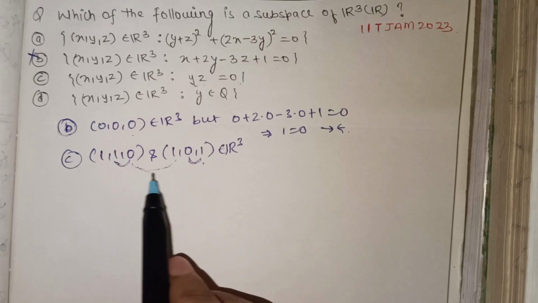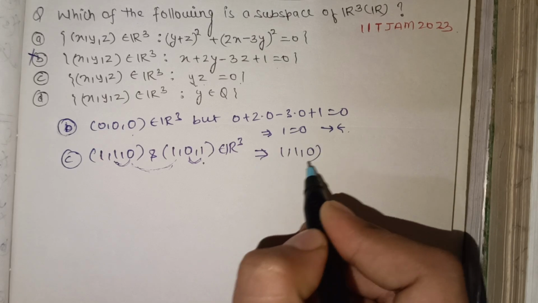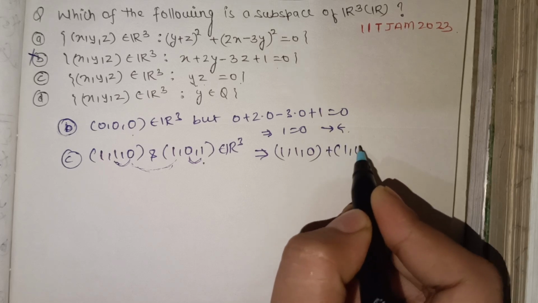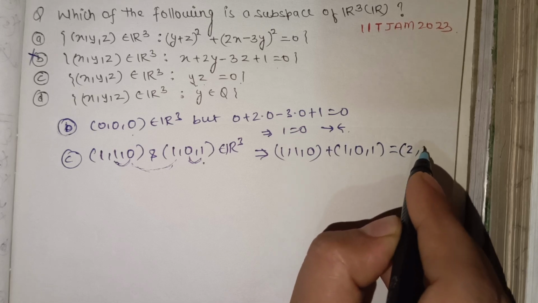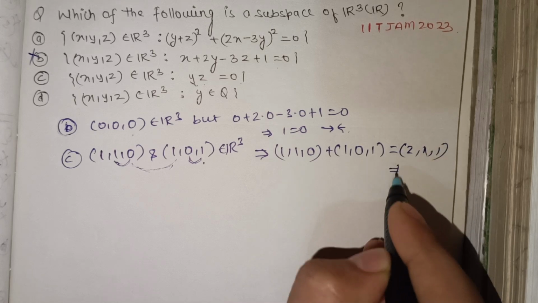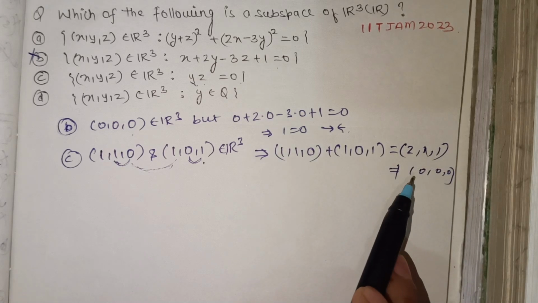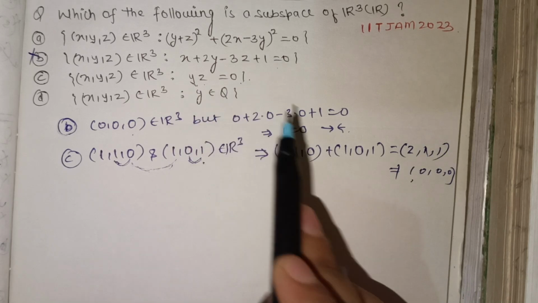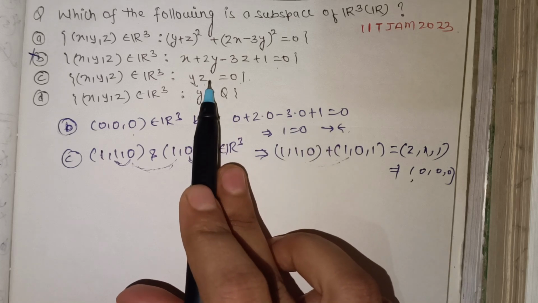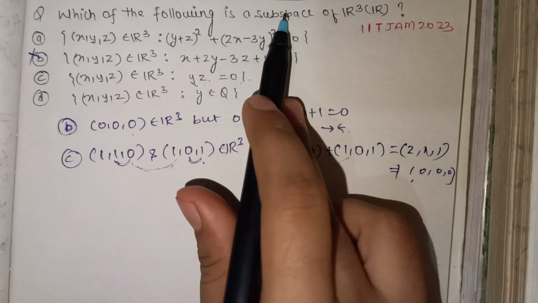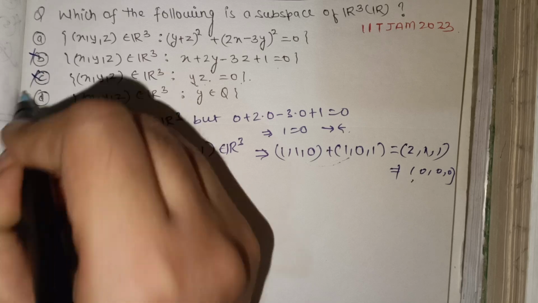But if we add these two, we get (1, 1, 0) + (1, 0, 1) = (2, 1, 1), which does not satisfy the condition. So the addition of two elements is not contained in this set. Addition law does not hold here, so this option is also false.